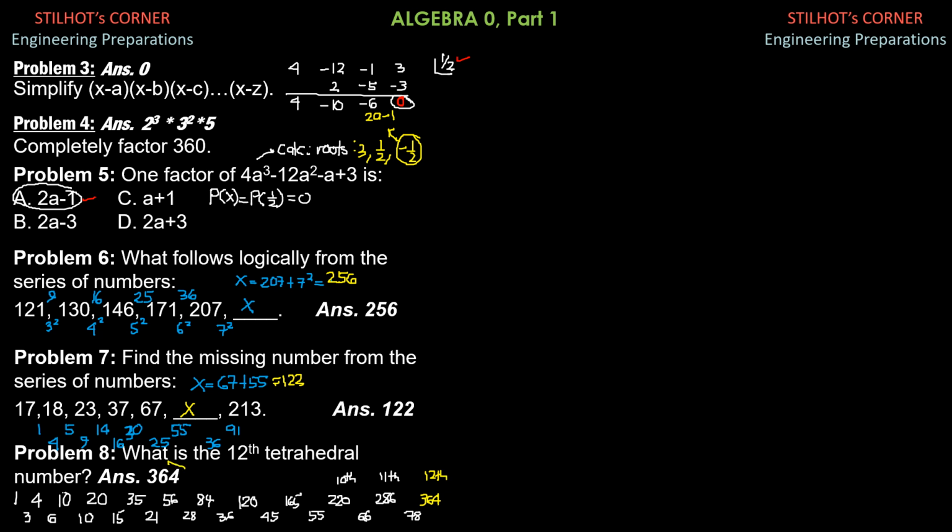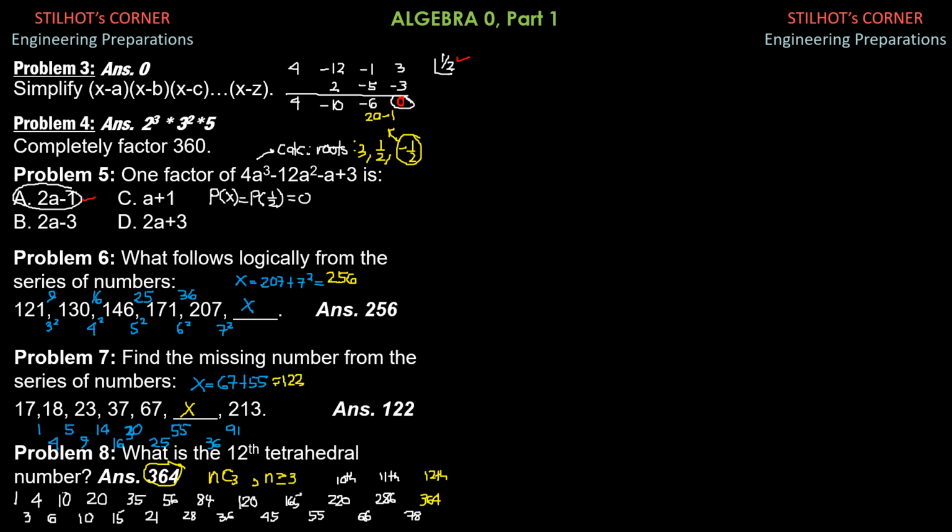So if you notice, the tetrahedral number was described by this formula, which I noticed, n combination 3, where n should be greater than or equal to 3.